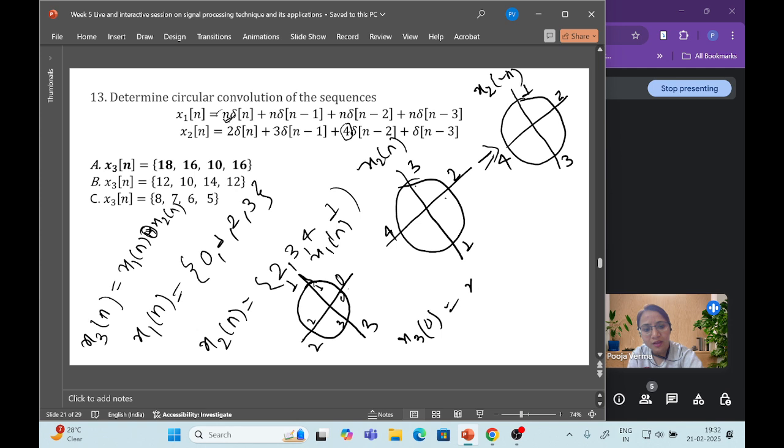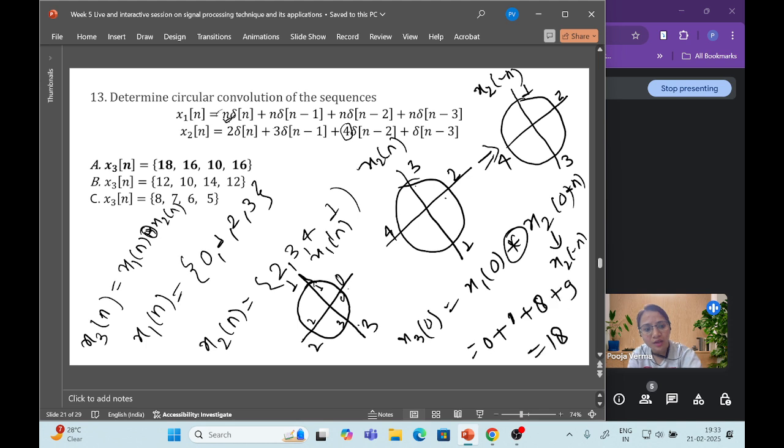So what will be x1 of 0 convolved with x2 of 0? That is x2 of 0 minus n, which is just x2 of minus n. For x3 of 0, take the multiplication at its places: 0 into 2, 0; 1 into 1, 1; 2 into 4, 8; 3 into 3, 9.